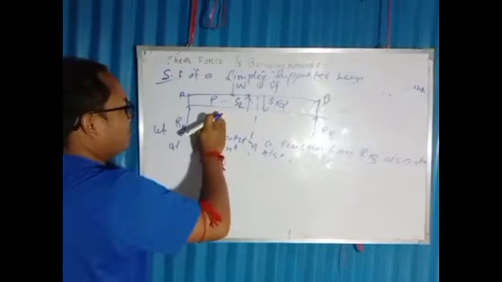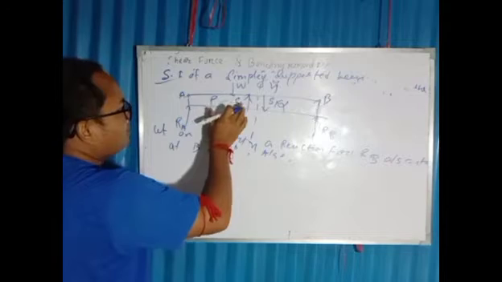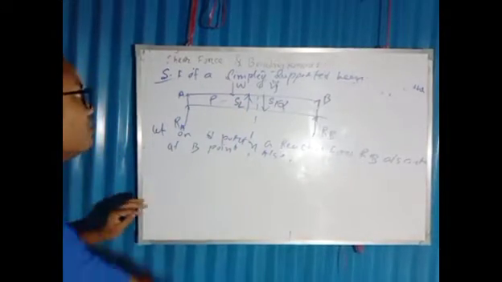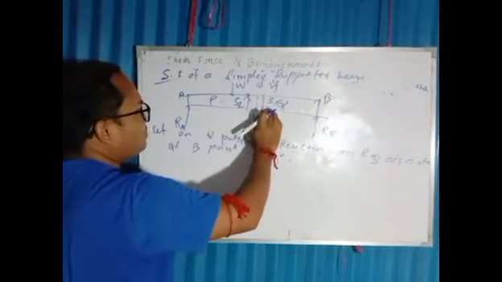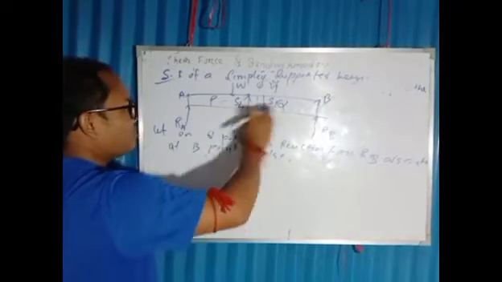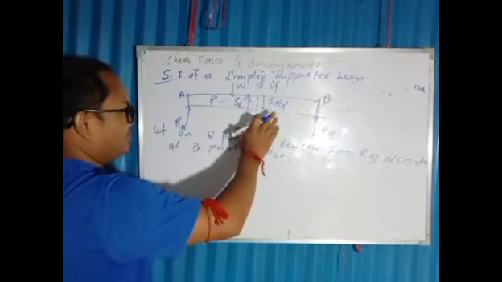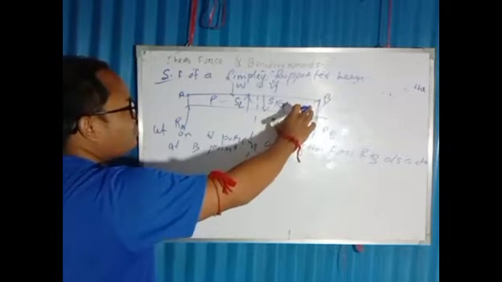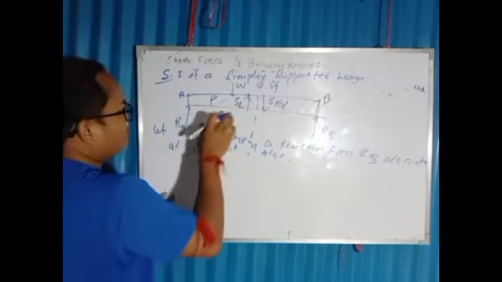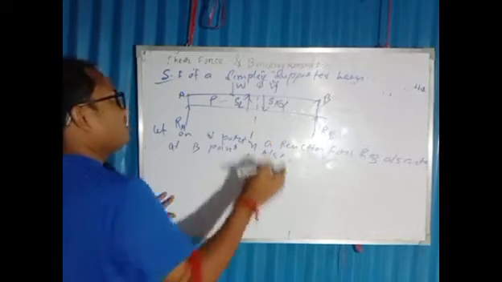On the left side of the section, we give the name P portion. Also assume that S1 and S2 are the shear forces of these two portions. S1 is the shear force of the Q portion, and S2 is the shear force of the P portion.